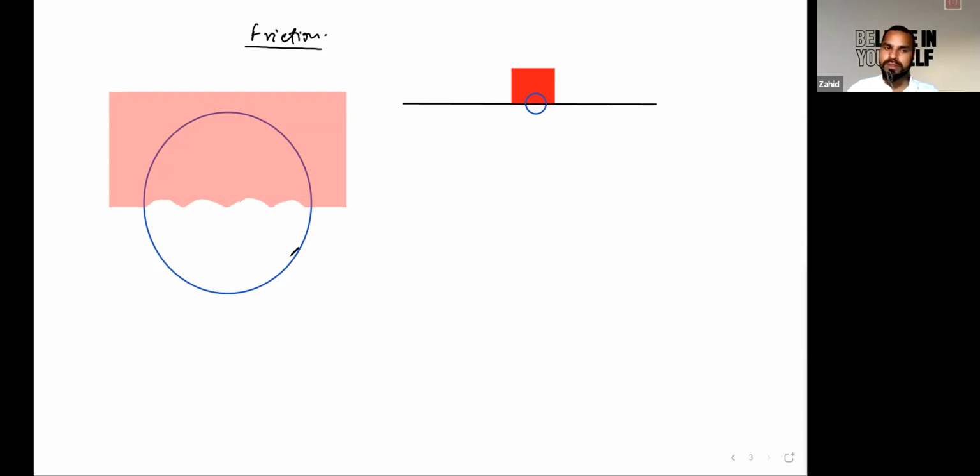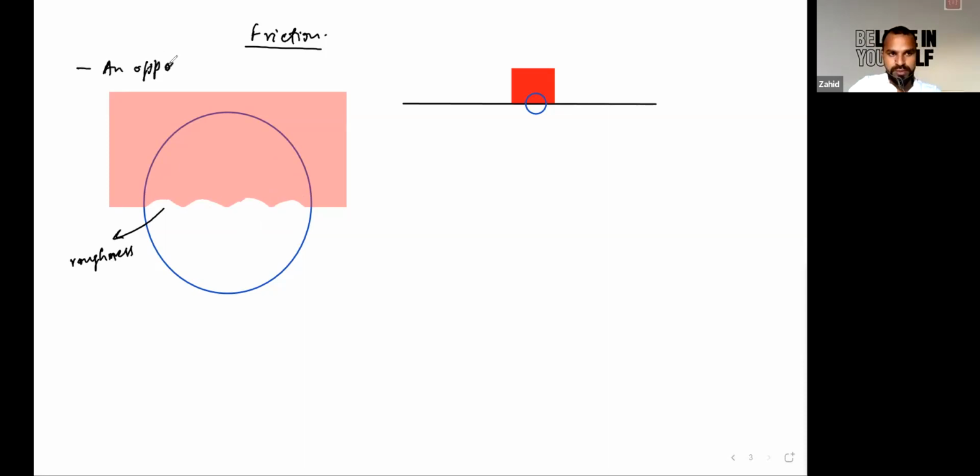Due to which there would be interlocking between these two surfaces. So this is roughness of two surfaces in contact, due to which there is an opposing force which opposes the relative motion of surfaces in contact.